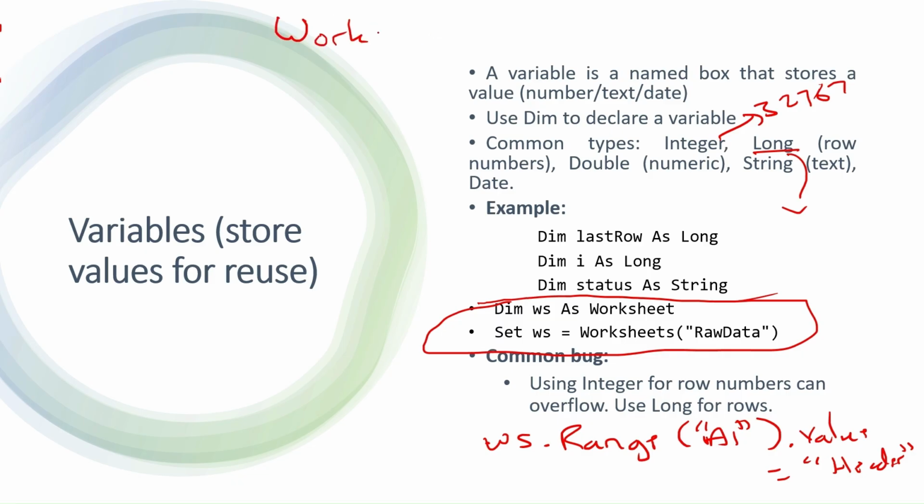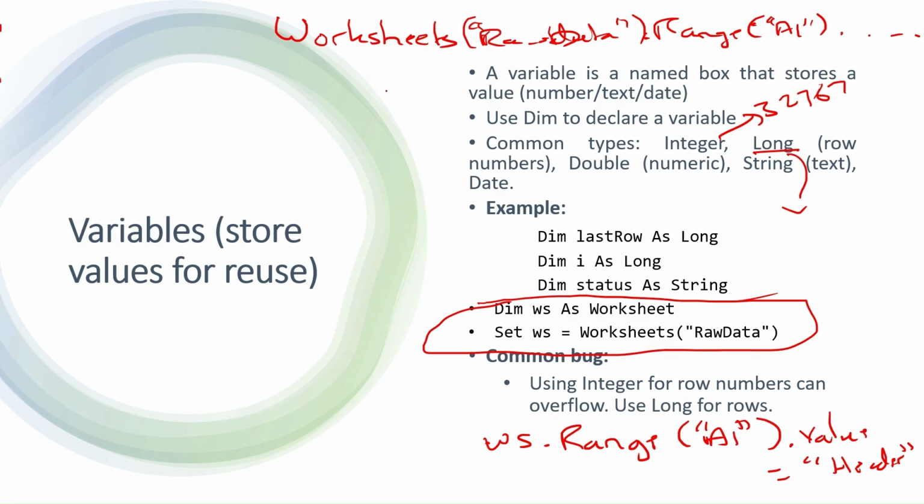Instead of writing down worksheets, raw data as you see here, and then you type dot range A1 between inverted commas, dot value is equal to header, as you see down there.